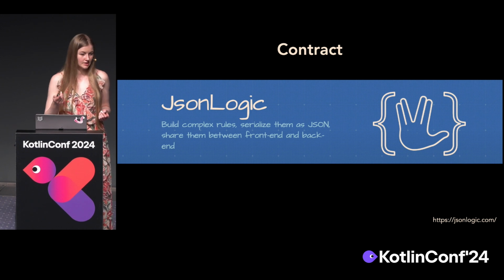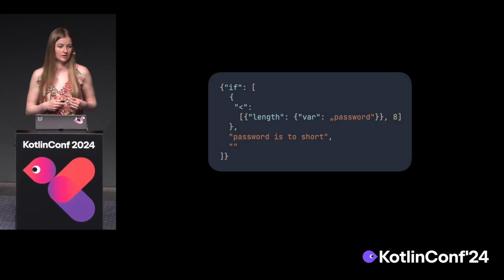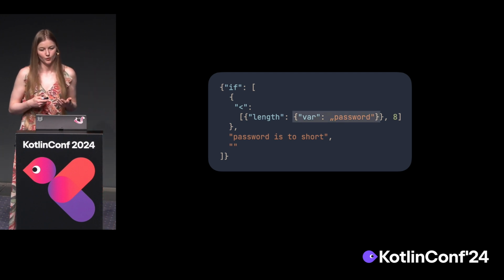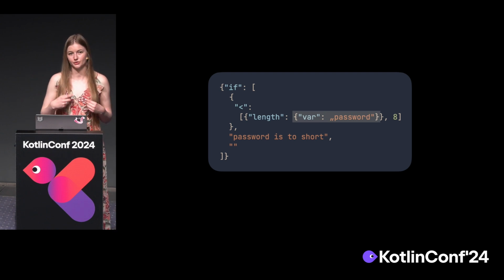So, for example, here you can see an example code written in JSON logic. As you can see, we have a couple of operations here that are combined together. Here we read the value from my state that is saved under the key password.